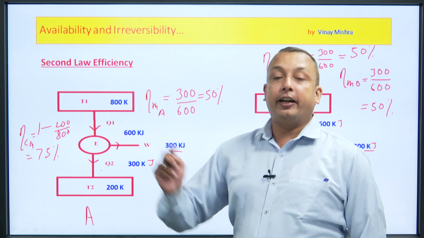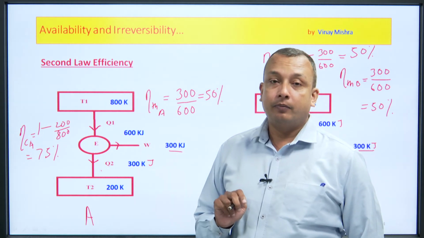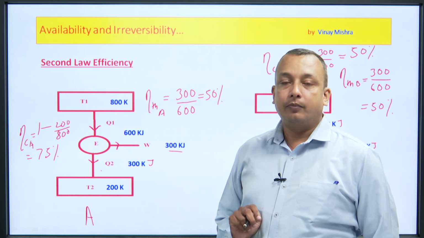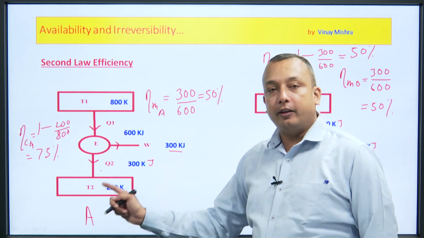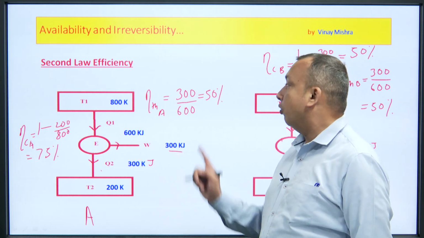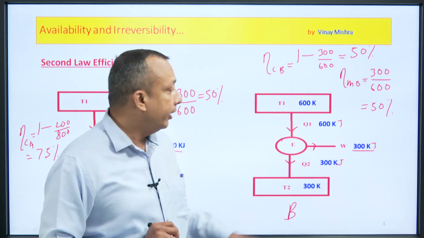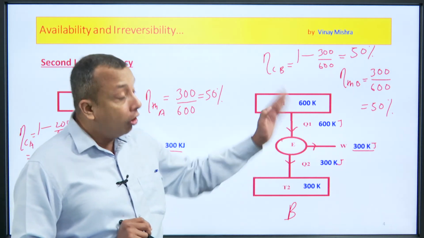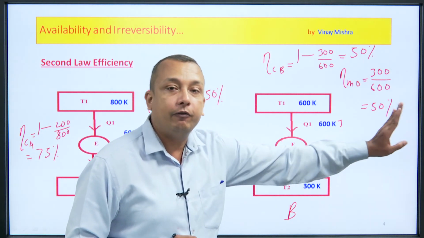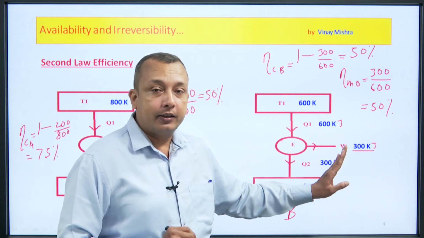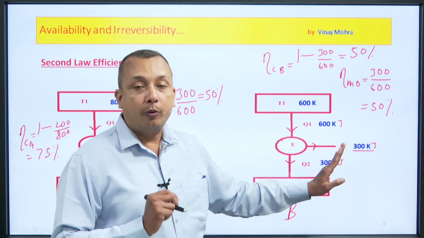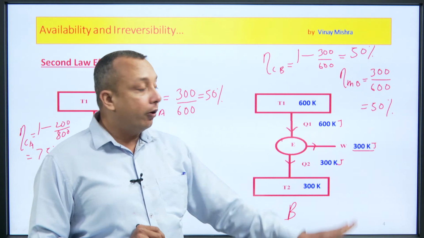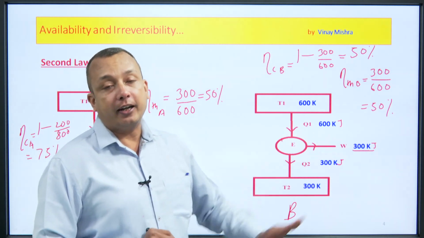It might have performed very well, but it performed only 50%. It can perform 75%, but for this instant its performance is only 50%. But in this case it can perform 50%, and for this instant it is performing its 50%. That means its performance is basically the maximum. The performance of heat engine B is maximum for any given instant. So, we can say the quality of engine B is somewhat better compared to this one.